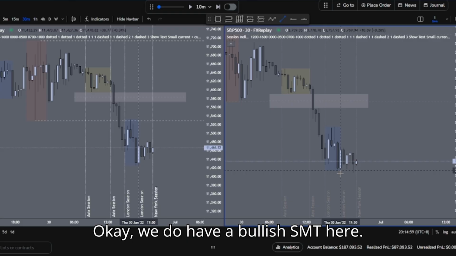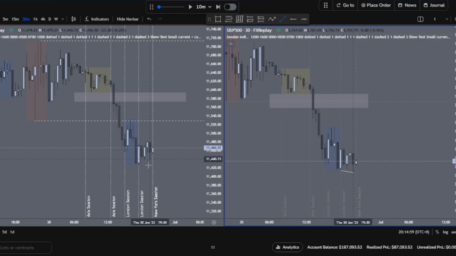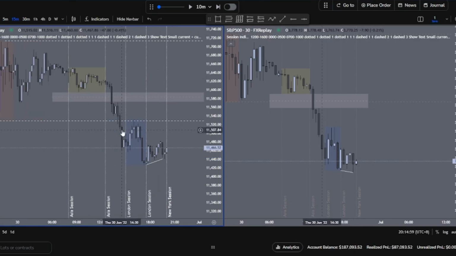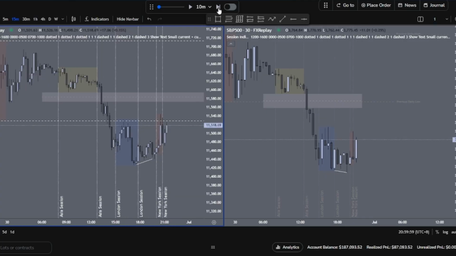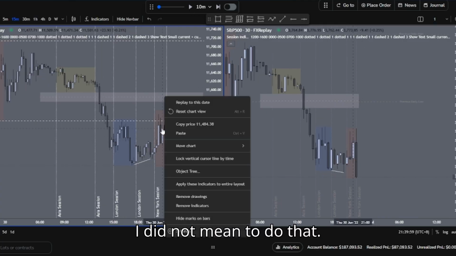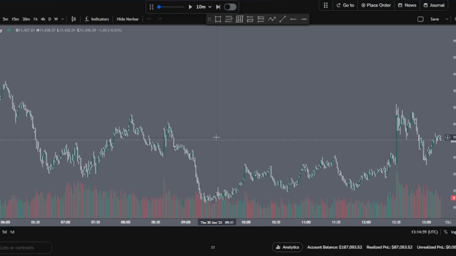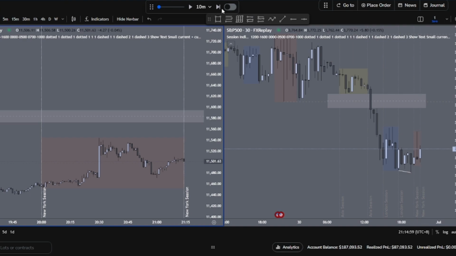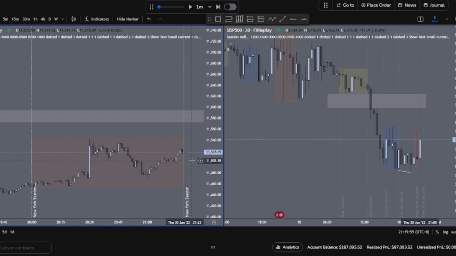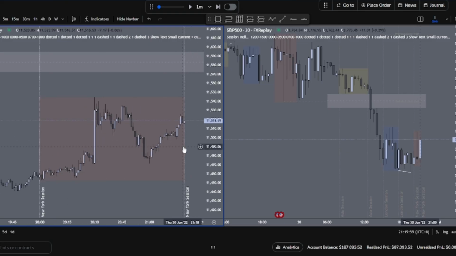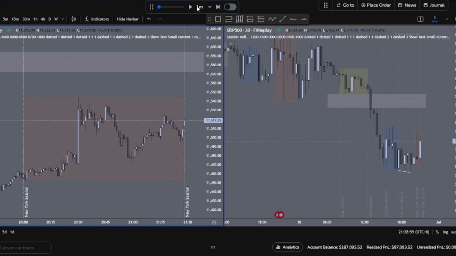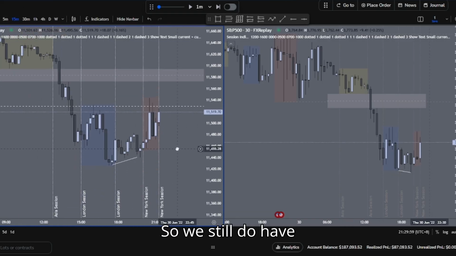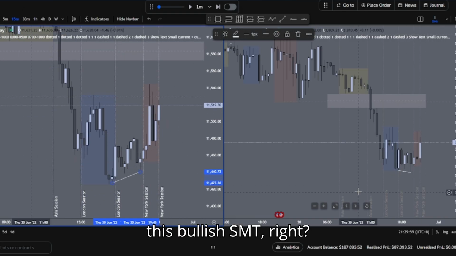Okay, and we do have a bullish SMT here. Okay. Oops, I did not mean to do that. Okay, so we still do have this bullish SMT, right?